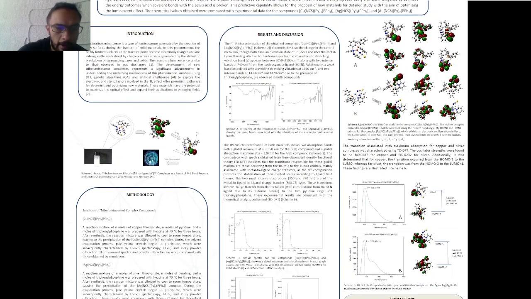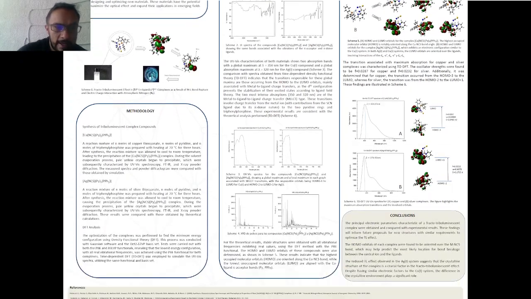The methodology that we followed was the next. For the synthesis of the complexes, we can see on the left side what we do to obtain these complexes. For example, for copper, a reaction mixture of N moles of copper thiocyanate, N moles of pyridine, and N moles of triphenylphosphine was prepared with heating at 70 degrees Celsius for 3 hours.